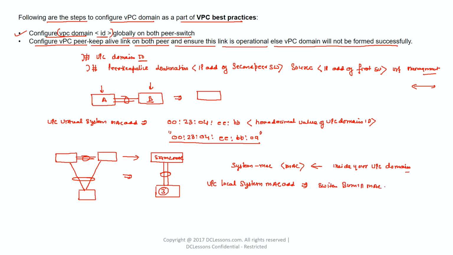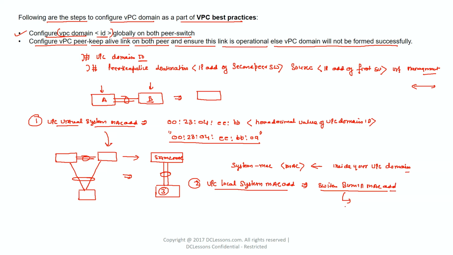This MAC address is used for all other communication in a layer 2 domain, like STP and all other communication. So we have two MAC addresses. One is the VPC virtual system MAC address, which is used for configuring a VPC, and the second is the VPC local system MAC address, which is the switch burn-in MAC address, used for all other layer 2 communication like STP and other protocols.